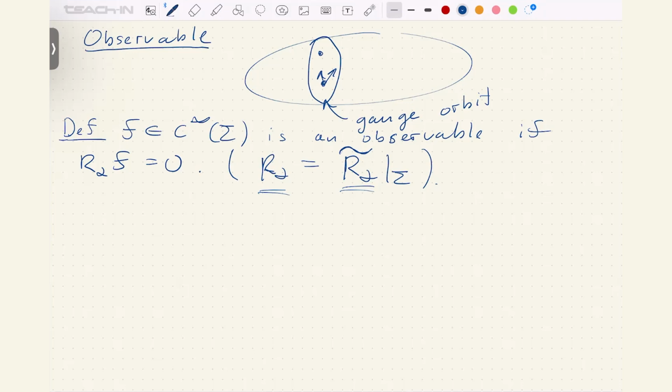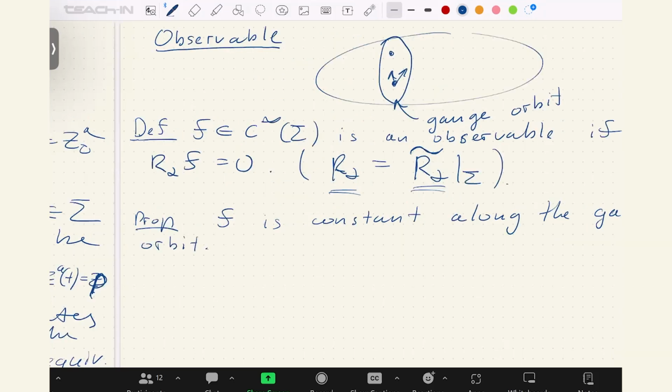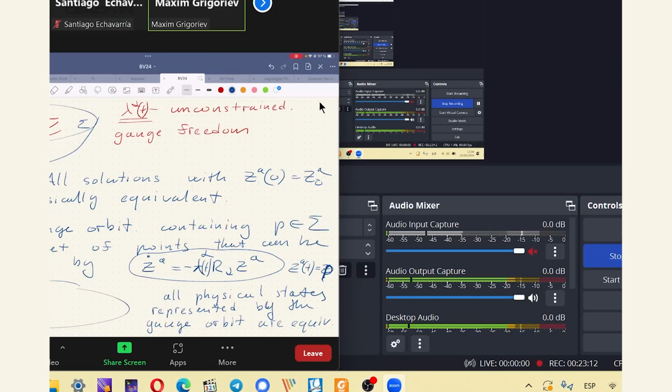So let's state that f is constant along any fixed gauge orbit. The proof is very simple. We recall the definition of gauge orbit. It is just this thing, right?